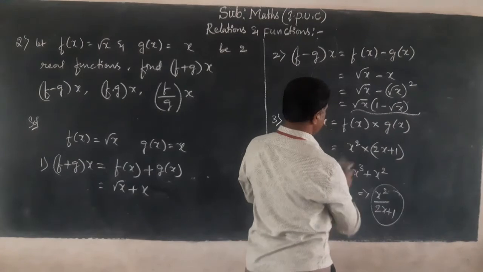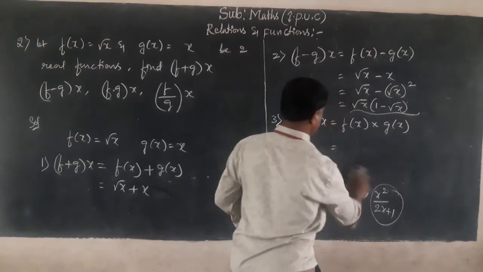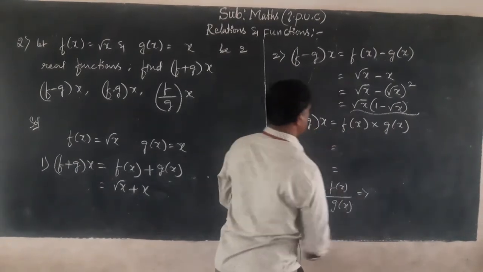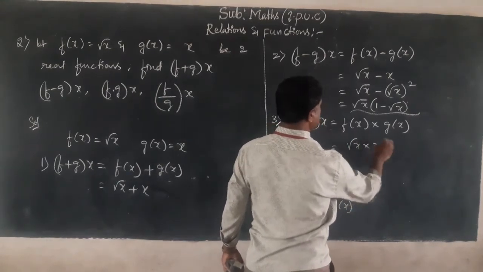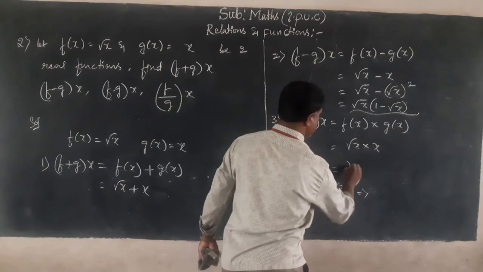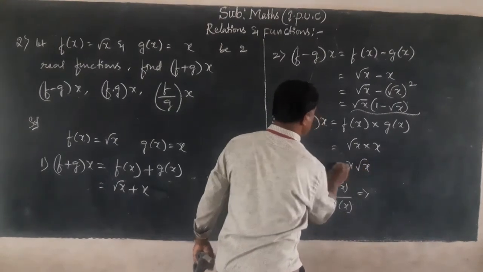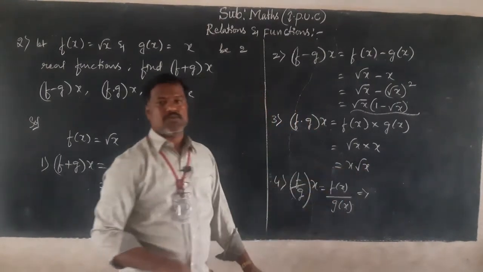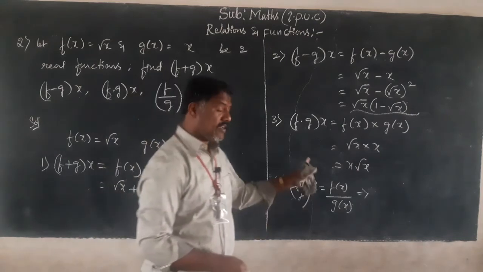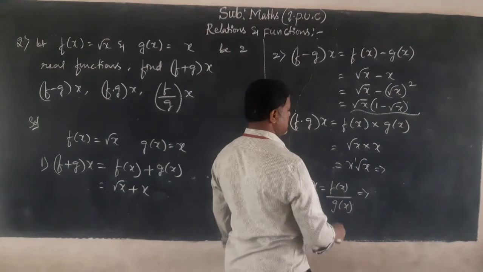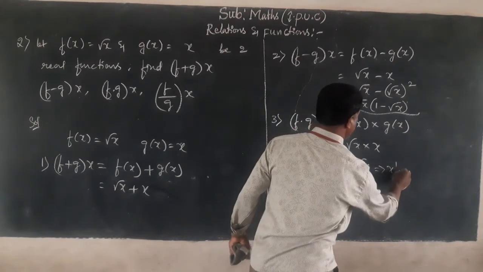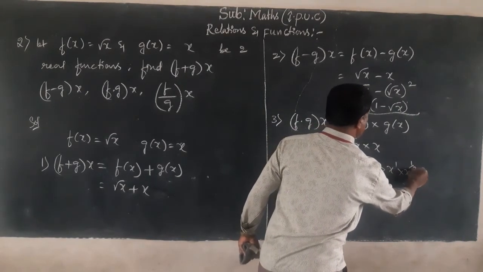The next one is root x into x, that is x root x. So we cannot simplify this one, you can keep it as it is, or we can simplify, children, no problem. Here there is no number, meaning 1 is present, that is x power 1 into x power 1 by 2.